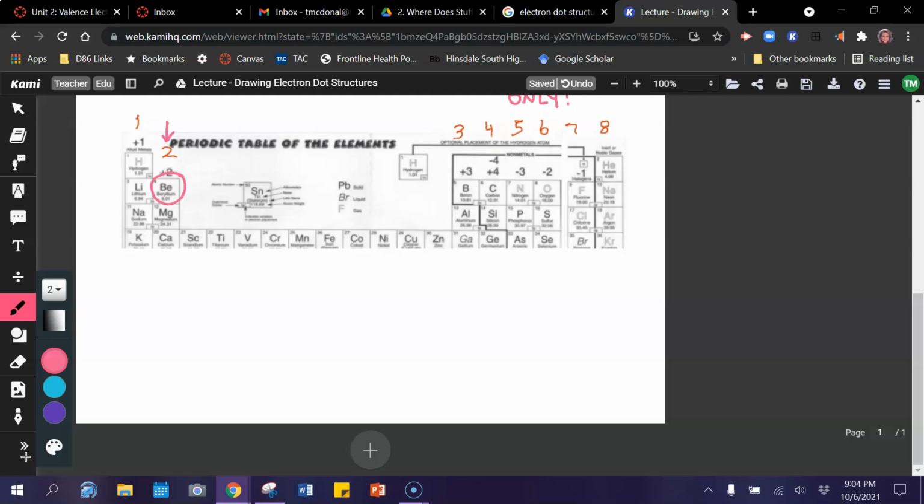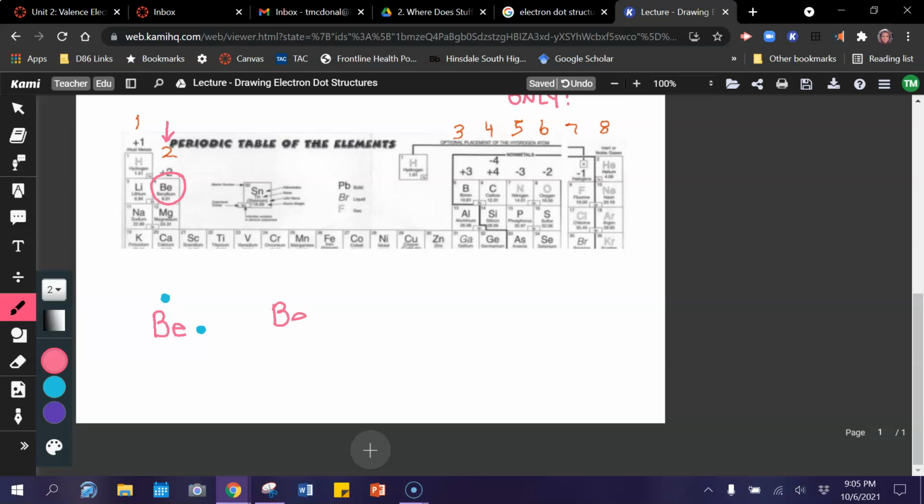What this means is that the beryllium atom has 2 valence electrons. So if I were to draw the electron dot structure for beryllium, I would draw out Be for the symbol, and then I would draw 2 electrons. Remember the pattern, top and side. That is the correct electron dot diagram for beryllium.